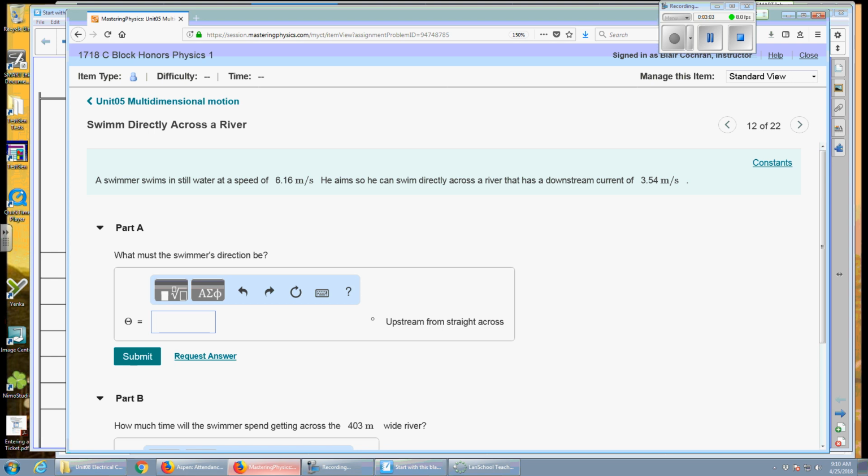Then he aims so he can swim directly across a river. So his final velocity with respect to the bank is going to be directly across. Does that mean he points himself directly across? No, he's got to point himself upstream, and then his final velocity with respect to the bank will end up directly across. And then they tell me the downstream current, which would be the speed of the water relative to the bank.